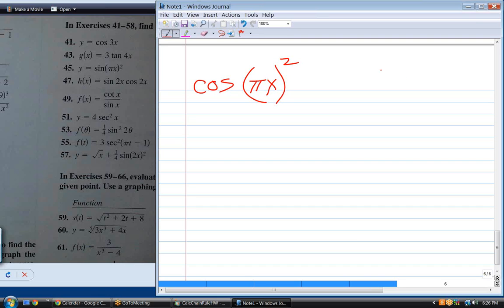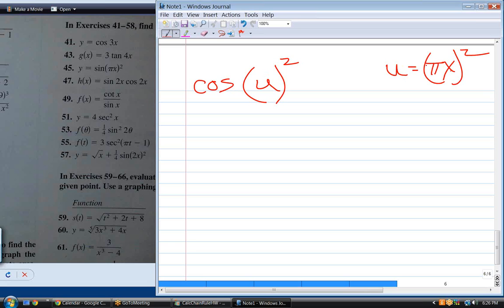In other words, here's what our inside was. It wasn't just pi x. Notice that if we'd made the inside pi x, we would have this problem, and we wouldn't know what to do. You don't know how to differentiate that. What we know how to differentiate is cosine of u.